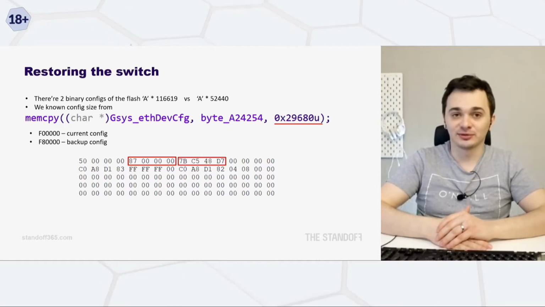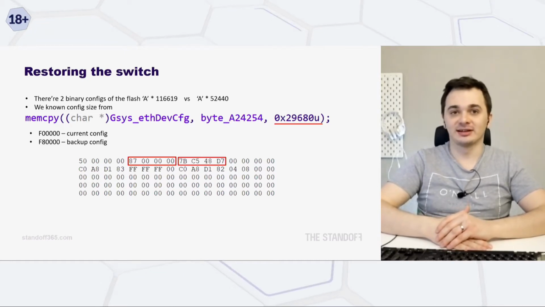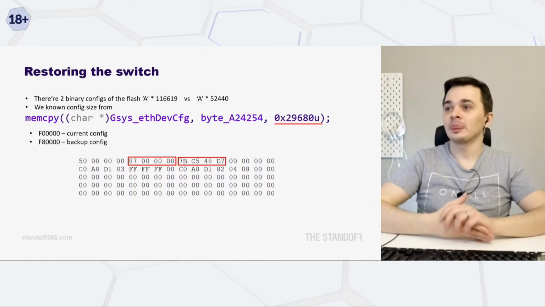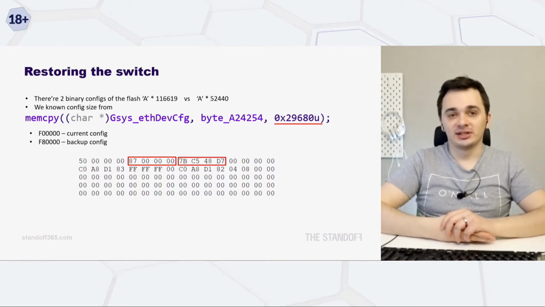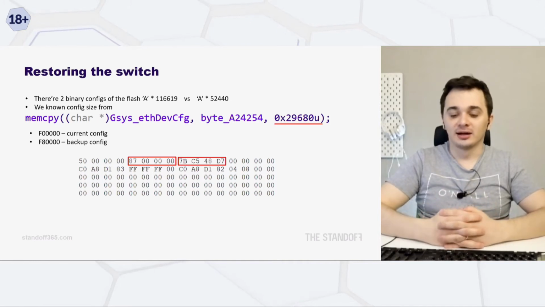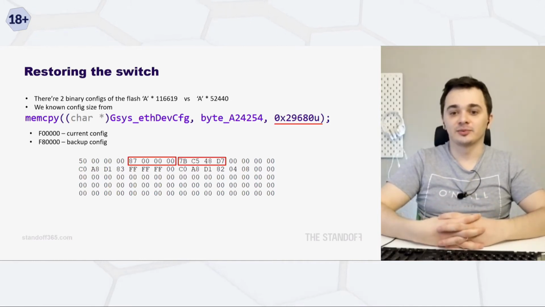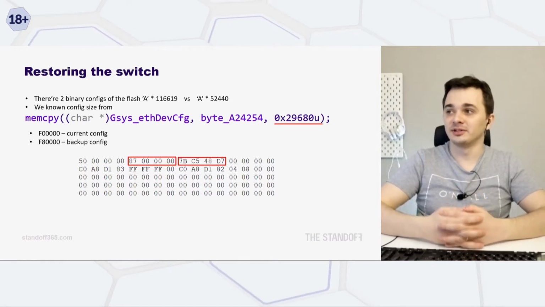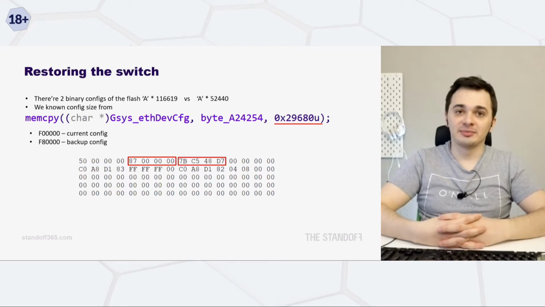Naturally, we wanted to revive the switch. You will remember it cost $5,000. So we continued our research into the flash memory. It turned out that the flash memory was used to store two configurations in binary form.